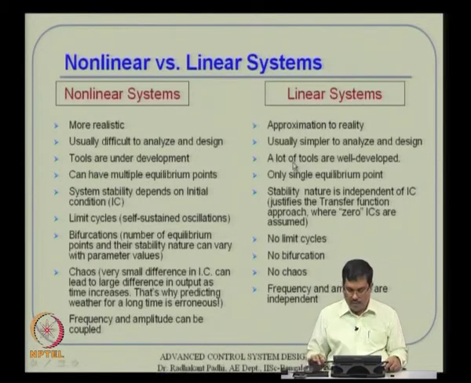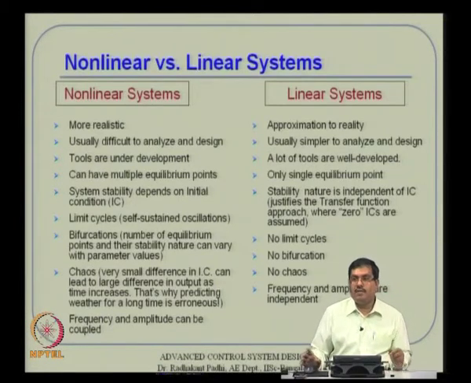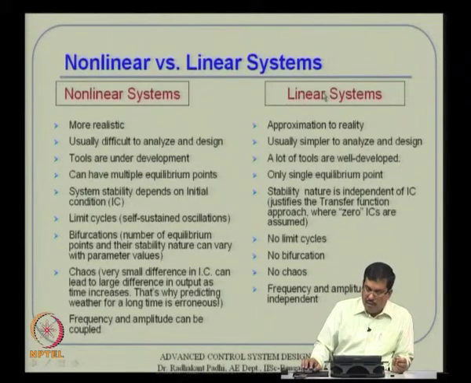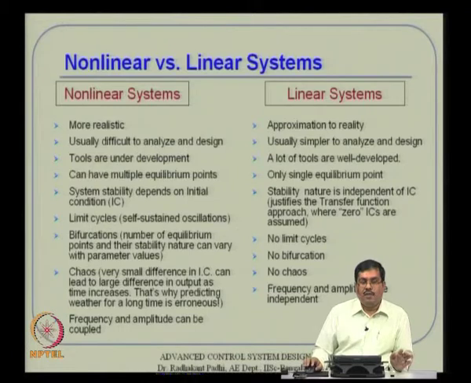Now, let us discuss more precisely and quantitatively what the differences are. About linear systems, the very great thing is it can have only a single equilibrium point. That means, for linear system we cannot have multiple equilibrium points. Whereas, for nonlinear systems, the very fundamental difference is it can have multiple equilibrium points.